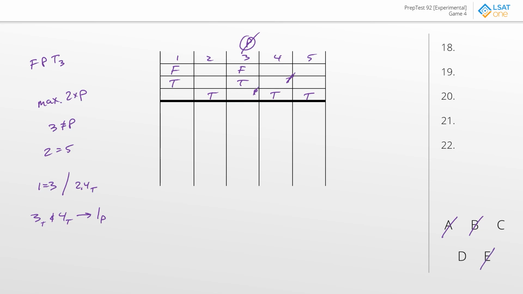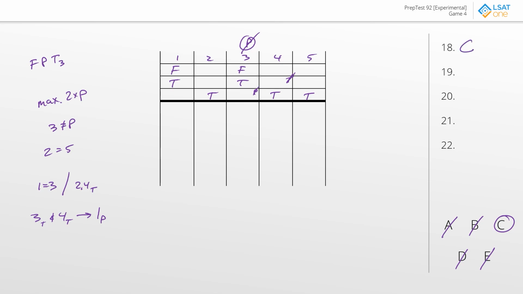We can get rid of E. Next, if 1 is different from 3, so between C and D, in both cases, they're not different, so neither of those would apply. That would be fine. And lastly, if 3 and 4 are both TAMs, and that applies to answer choice D, then 1 is supposed to be a pillbox, and that violates it. So the best answer here then becomes answer choice C.